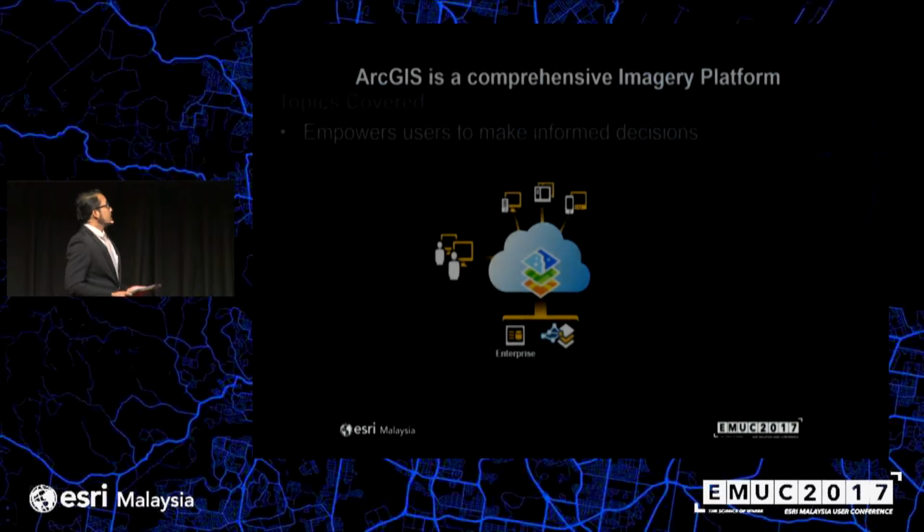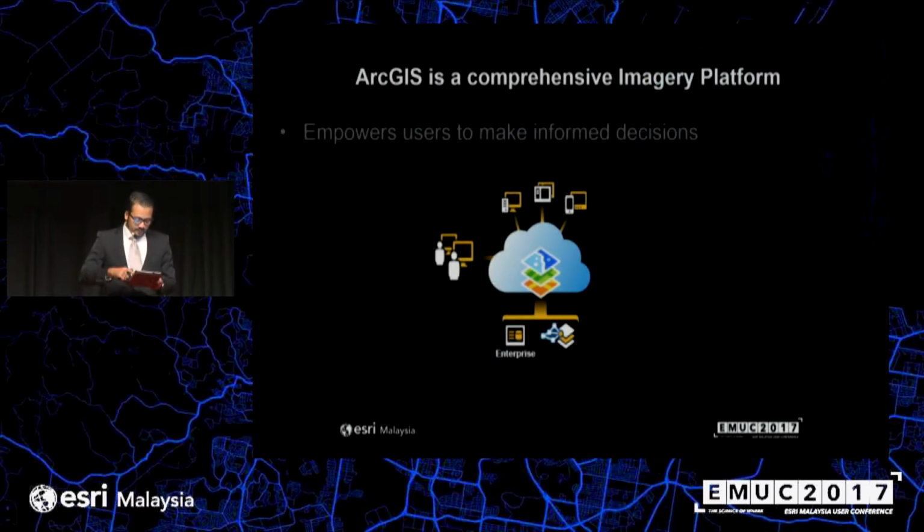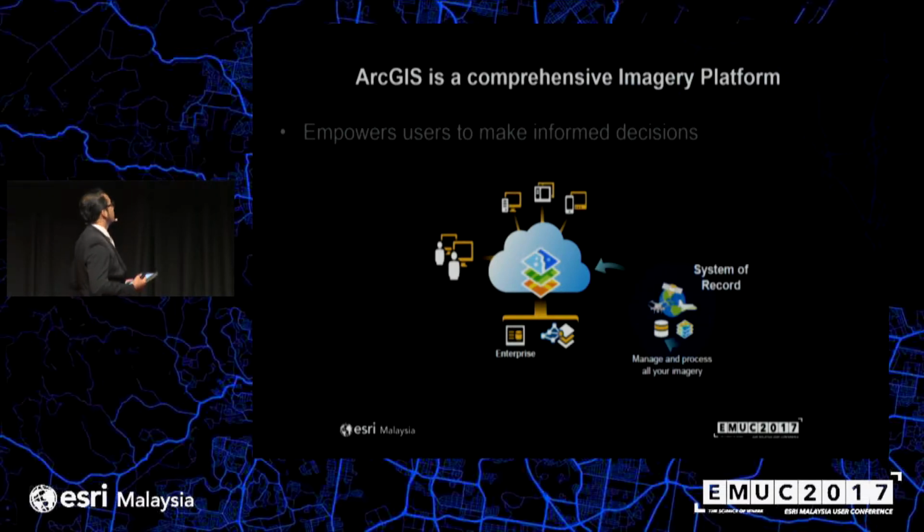Essentially, the ArcGIS platform empowers users to make decisions. There are four principles of imagery usage. The first one is system of record. What is meant by that?